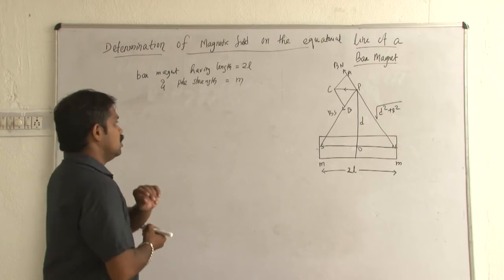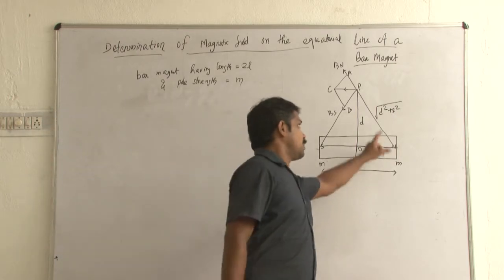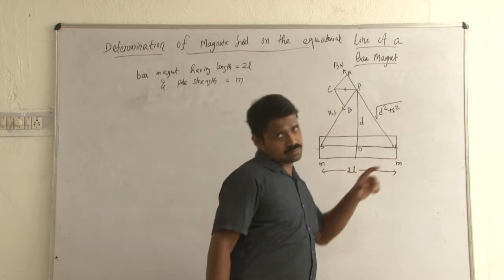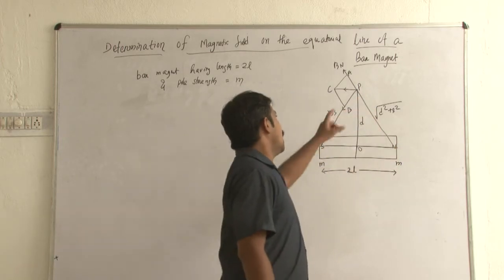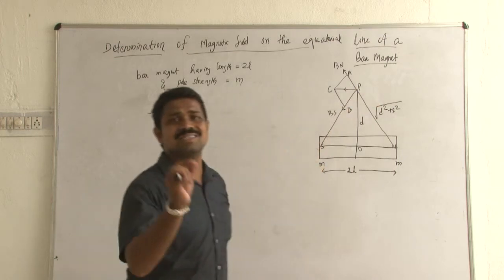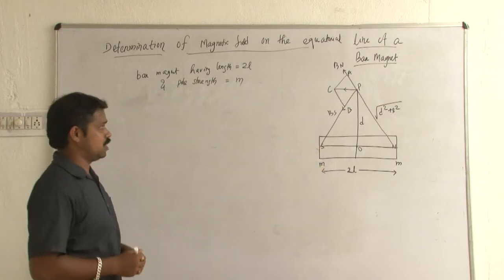Okay. So now, one by one we have to calculate. First of all, we have to calculate the magnetic field at point P due to the north pole. Number two, we have to find out the magnetic field at point P due to the south pole of the bar magnet. Clear? So one by one I have to find out.